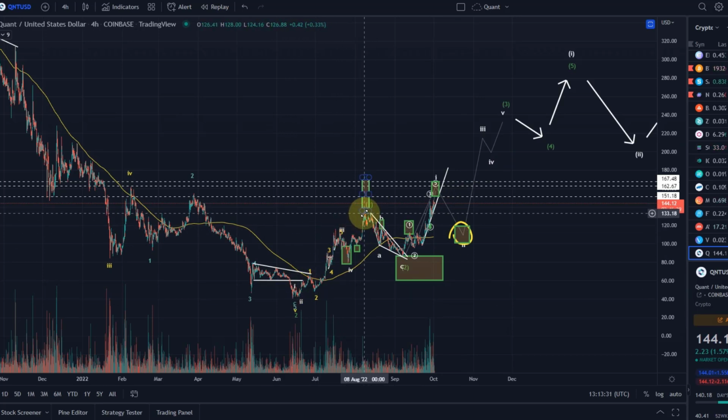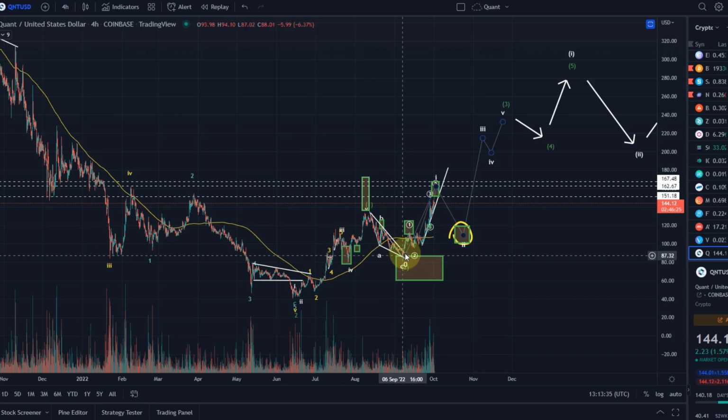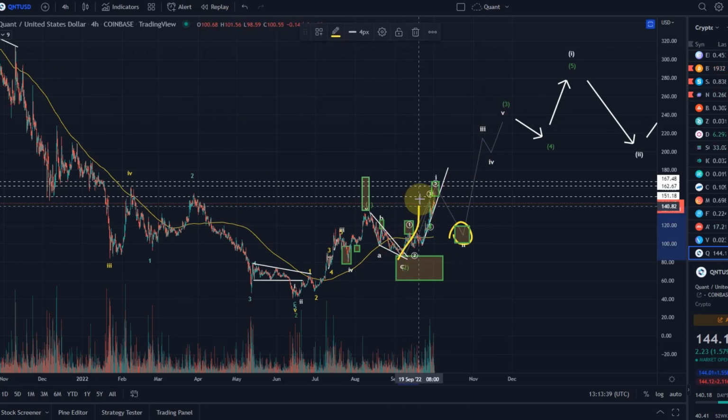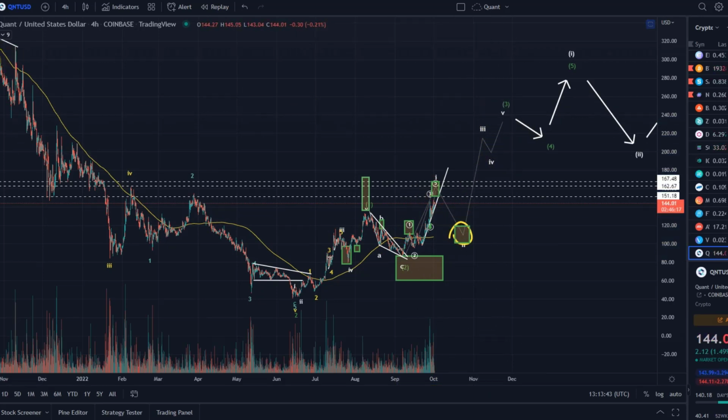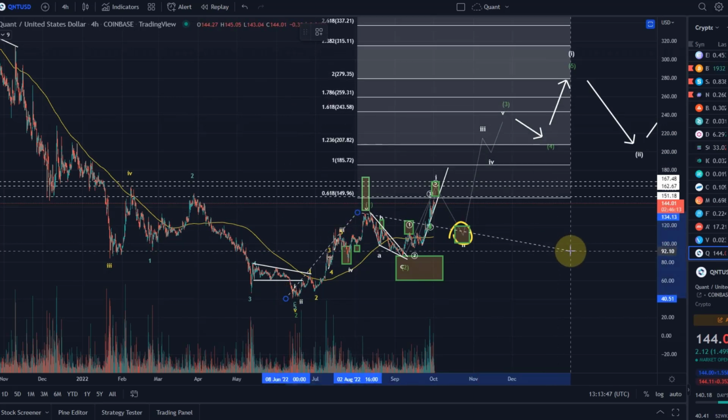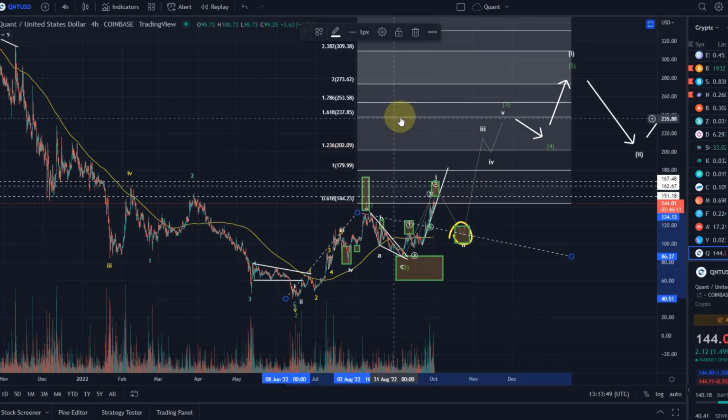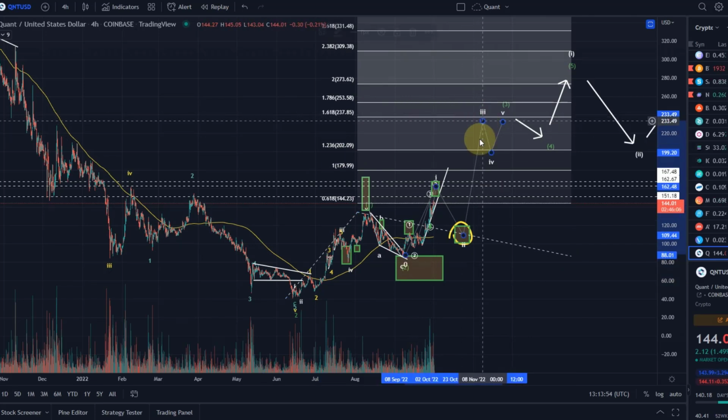We created the first one, wave 1, breakout structure, then a wave 2, and now we're in this 3rd wave, which again is subdividing into 5 waves, 1, 2, 3, 4, 5. Wave 3 target in green would be around the $235 level roughly, the 1.618 extension.